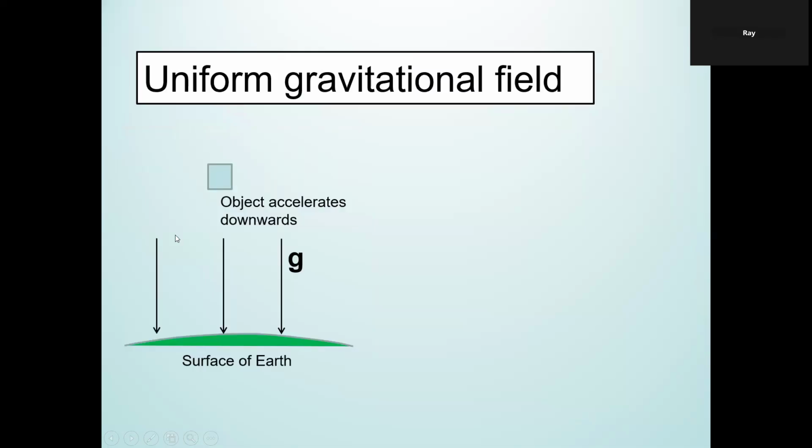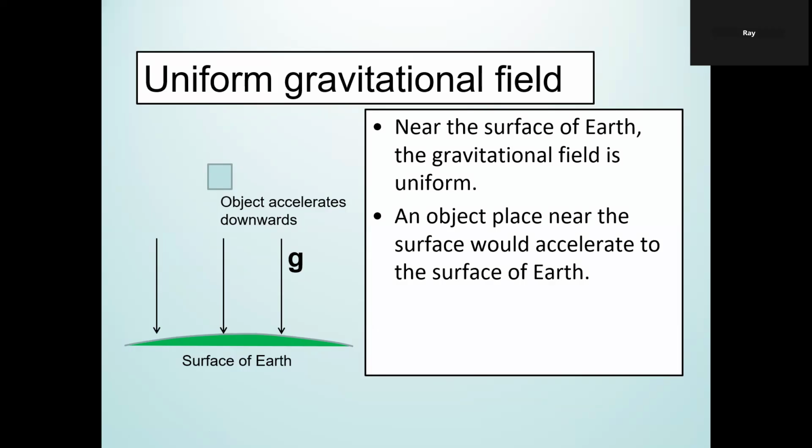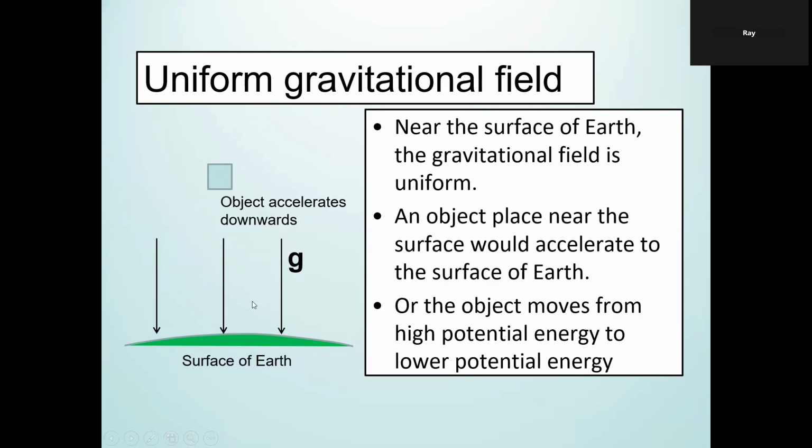It's just like the gravitational field near the Earth's surface is uniform. You drop an object, it will move downwards. Near the surface of the Earth, the gravitational field is uniform. An object placed near the surface would accelerate to the surface of the Earth, right? Because the force attracts this object, so it will accelerate downwards. Or we can think of it as an object moving from a higher potential to a lower potential.